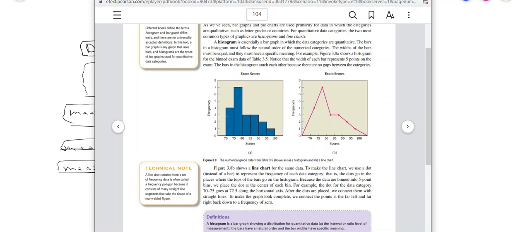So I don't want to do that. If I had the right kind of data, I would want to use a line graph. So a line graph is better than a histogram when you have multiple sets of data values. You can put lines 2, 3, 4 on here and come up with a pretty readable graph.